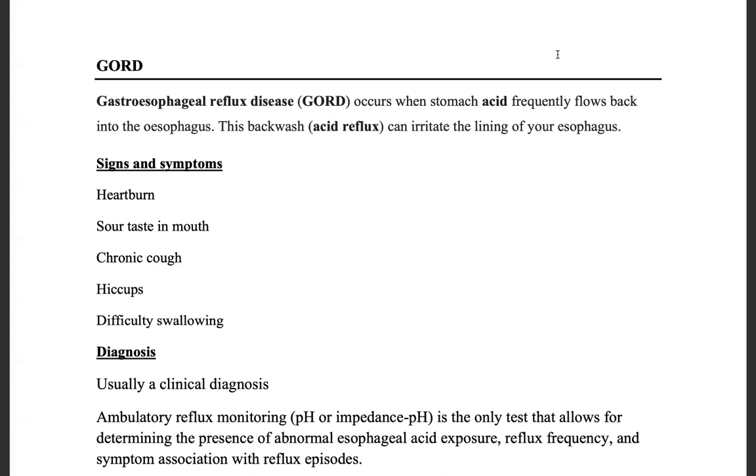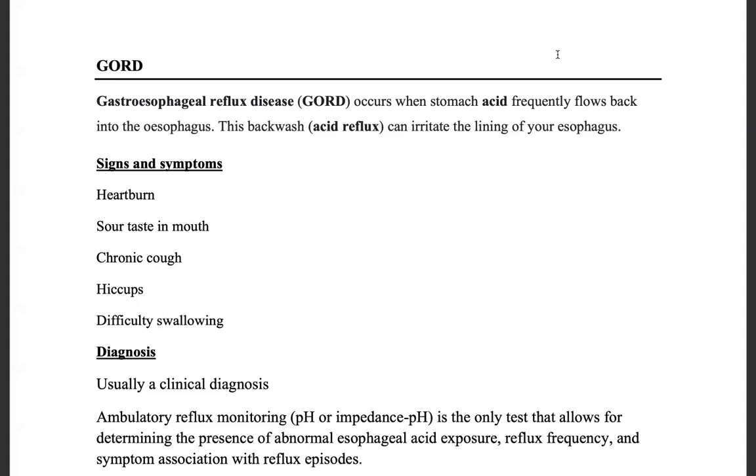In hiatus hernia there are actually two types: sliding hiatus hernia and the rolling type of hernia, or the paraesophageal hernia. In the sliding type of hiatus hernia, the esophageal gastric junction and part of the stomach will slide through the hiatus so that it lies above the level of the diaphragm.